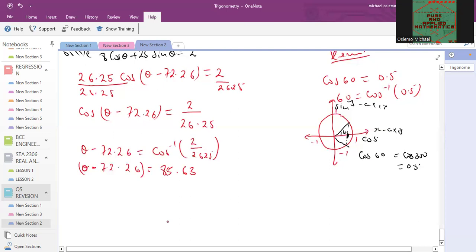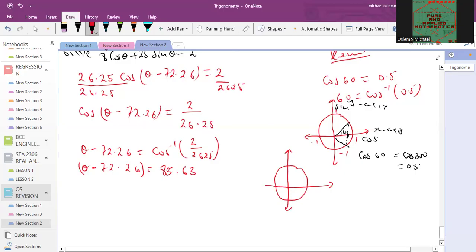Now, if I draw the unit circle here, like that, for the cos we check the x-axis. So if this one here is my 85.63 degrees, that means the other value will be 360 minus that angle.